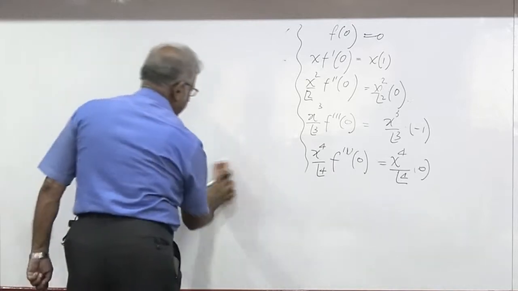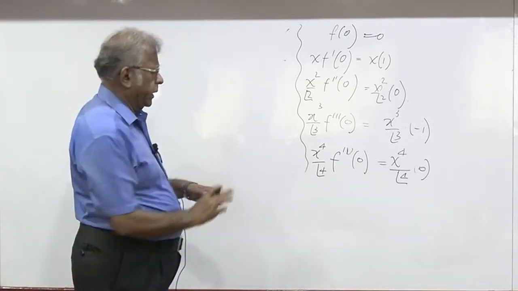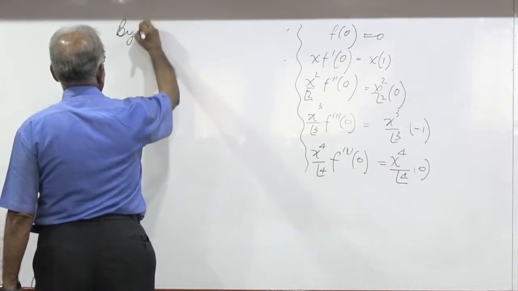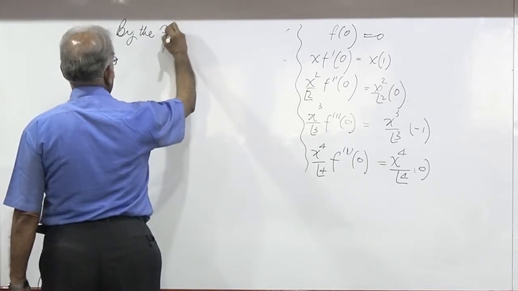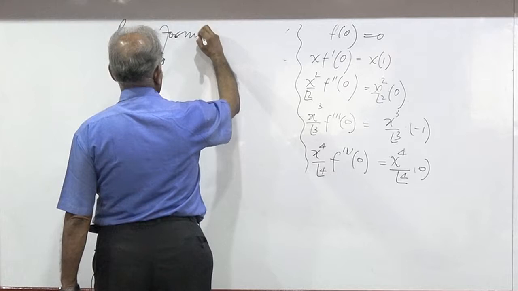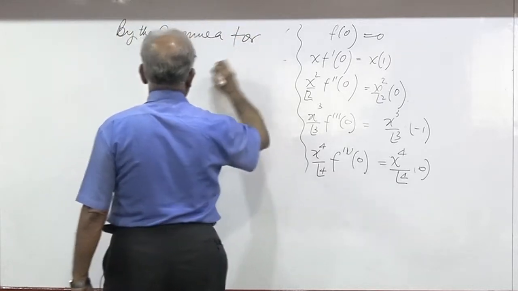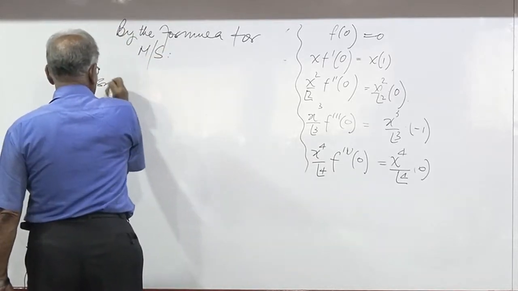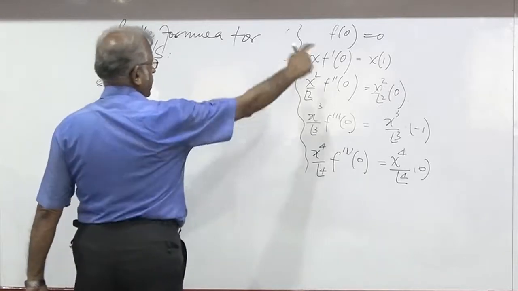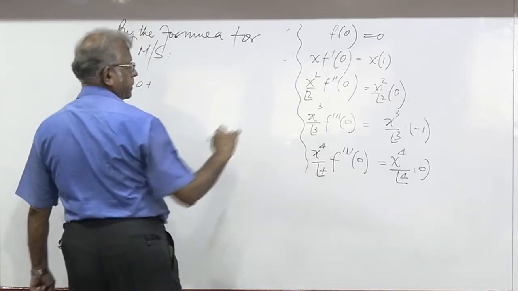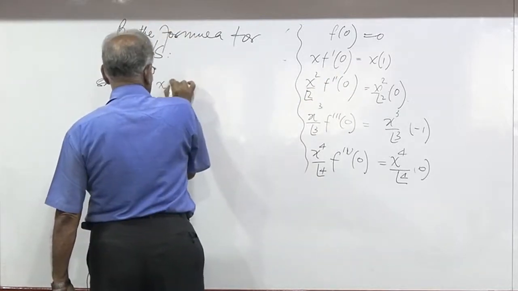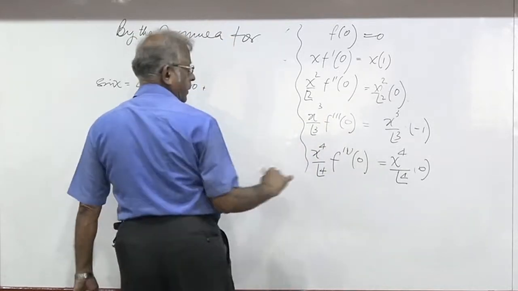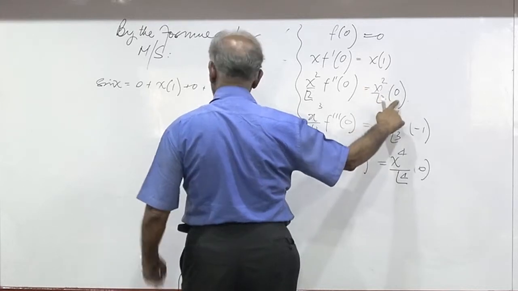There are many ways of generating power series, but this happens to be a very convenient way. Now, by the formula for Maclaurin's series, we get sine of x: f0 is 0, plus x into 1, again 0 plus 0, x squared by 2, this is this term.